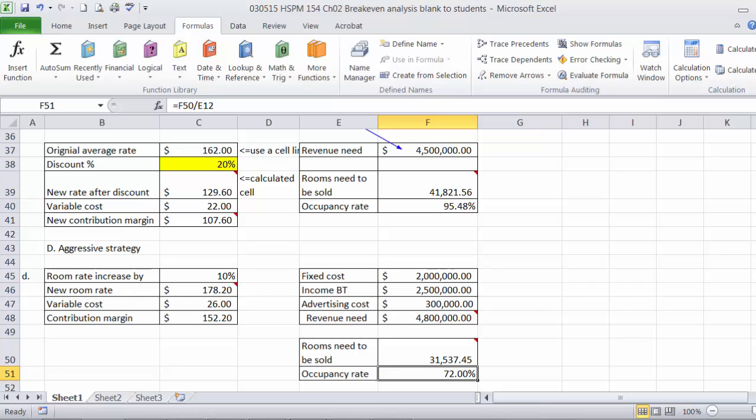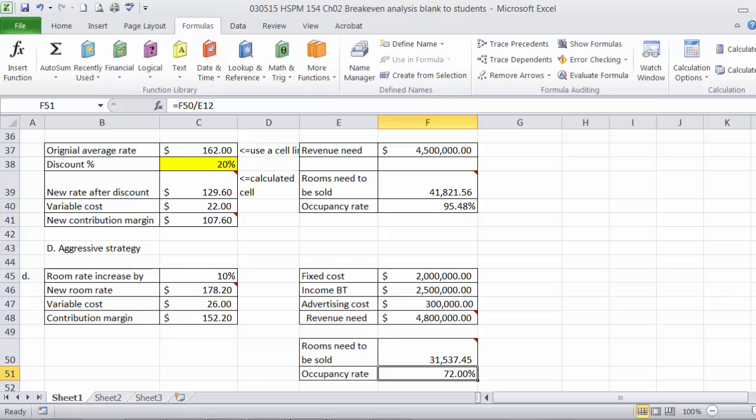So do you want to be a more aggressive manager or a conservative manager? You want to be a conservative manager? You want to sell more rooms.